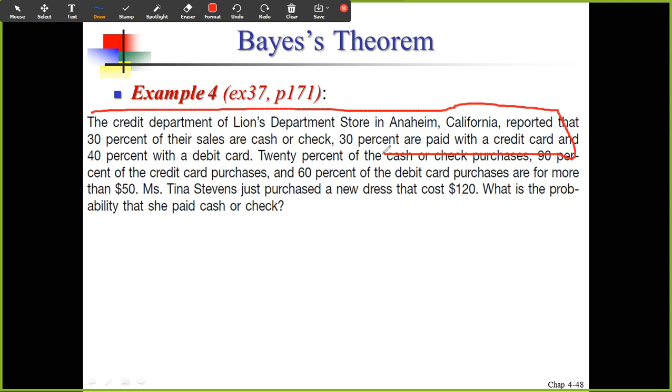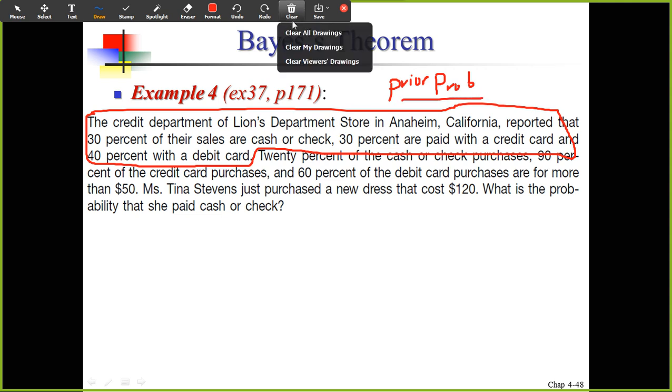This condition, this information will give me the prior probability. Because this is telling us first, that's why I call this prior probability.